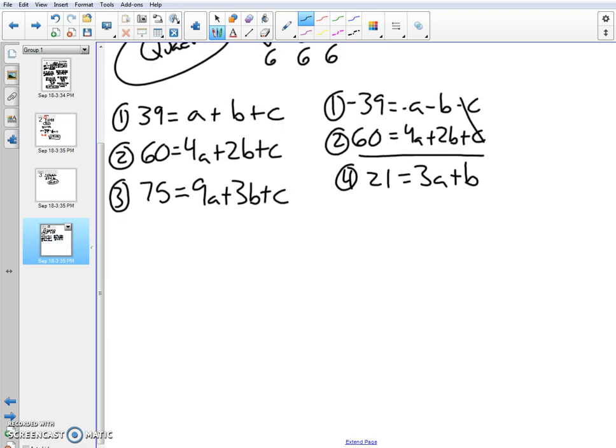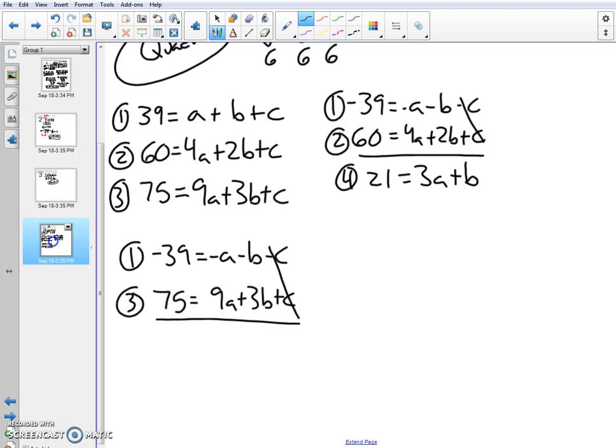This time I'm going to use 1 and 3, and I'm going to multiply equation number 1 by a -1 again. Equation number 3 I'll leave. So my c's go away, and I'm left with 36 equals 8a plus 2b. So this is equation number 5.